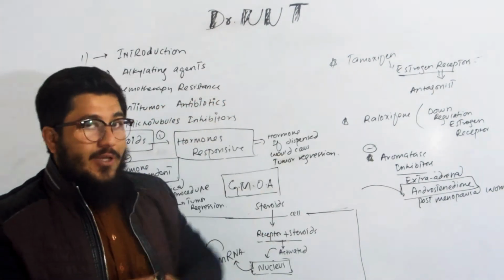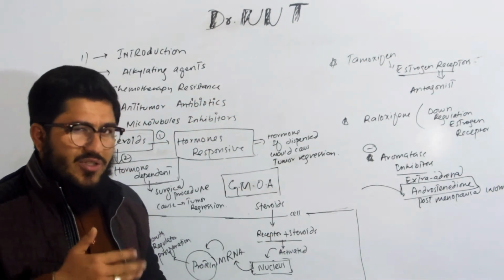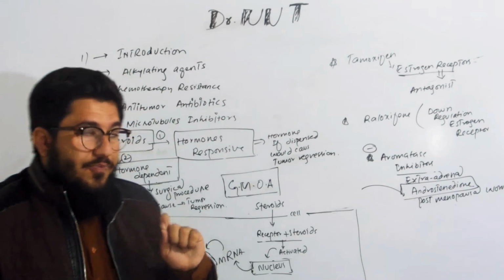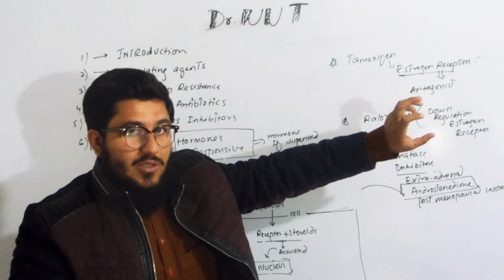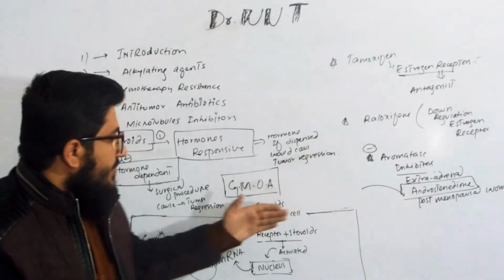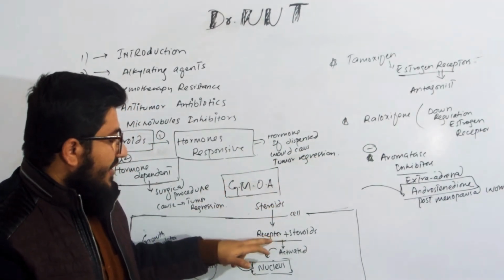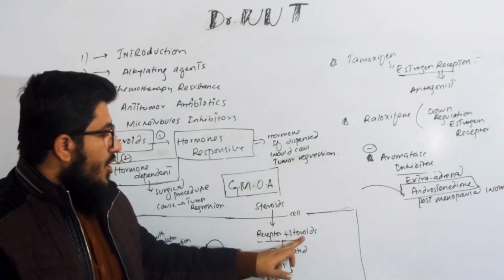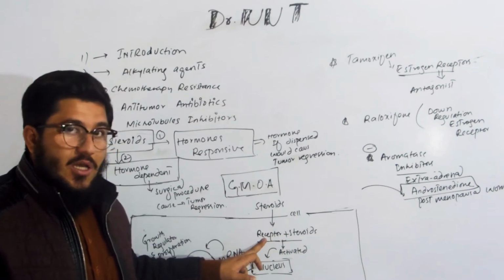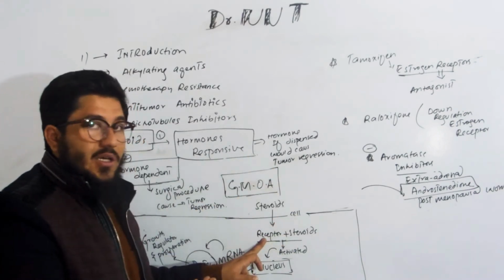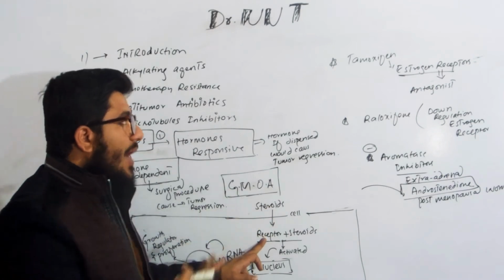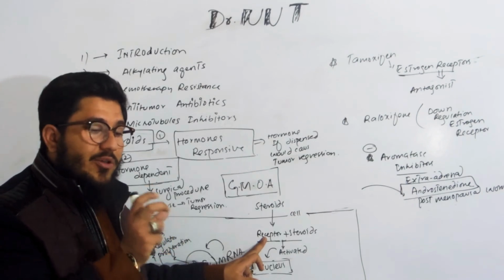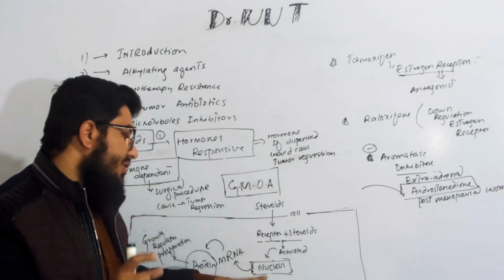Suppose we take the example of the drug tamoxifen. I am using "suppose" a lot, forgive me for that. Tamoxifen is an estrogen receptor antagonist. What will this drug do? The receptor is normally activated by the steroids. When we take tamoxifen, the estrogen will not be able to combine with the receptor. Instead, tamoxifen will combine with the receptor, so the receptor will not be able to translocate towards the nucleus.